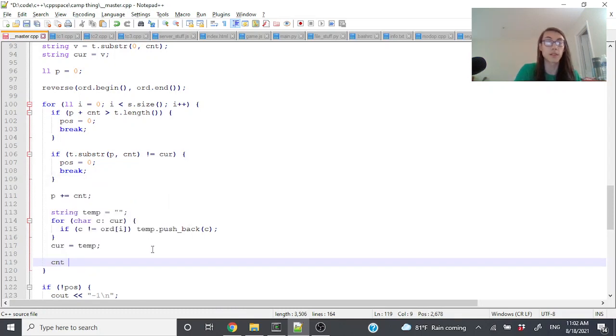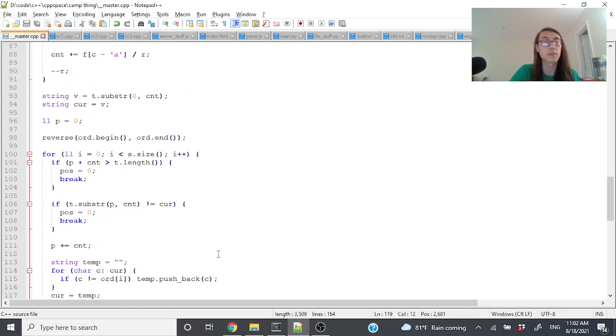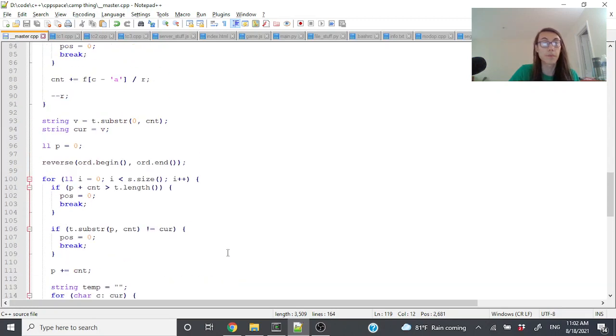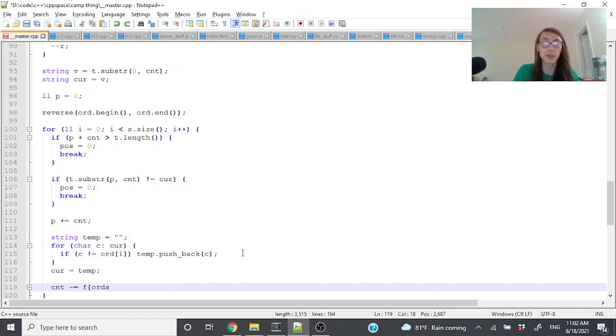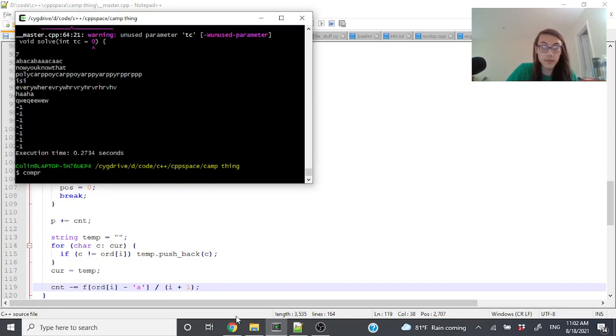Yeah, count minus equals f[ord[i]] over i plus 1. Do need to modify count.